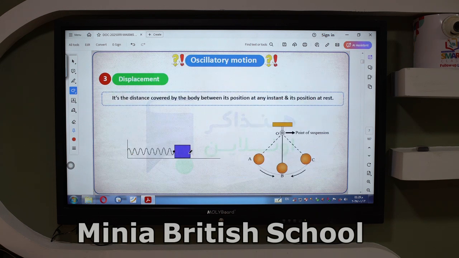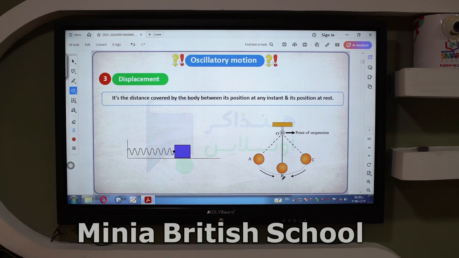The second concept, displacement. It's the distance covered by the body between its position at any instant and its position at rest. What does this mean?